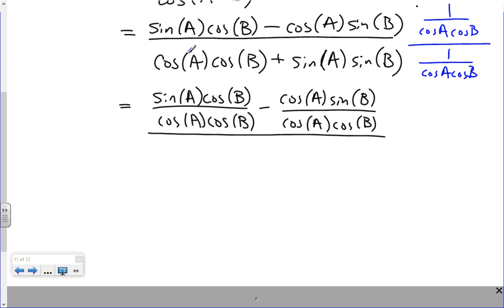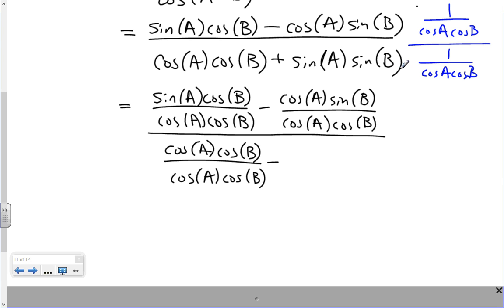So this cosine of A cosine of B is in the numerator, and then my clever form of the 1 that I'm multiplying by, cosine of A cosine of B. You'll notice that keeps showing up over and over again for each one of these fractions that I've got here. And then minus, finally, the sines that I'm multiplying times this 1 over cosines ends up giving me sine of A sine of B all over the cosine of A cosine of B.